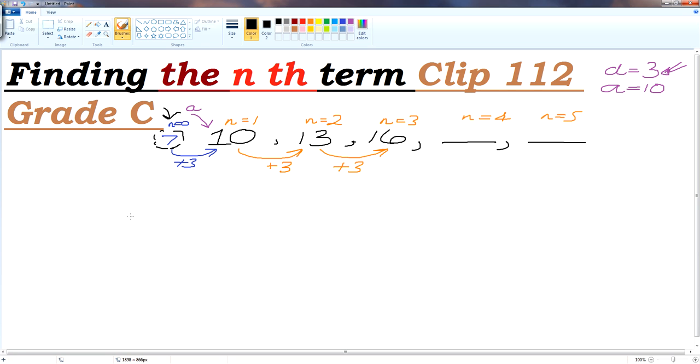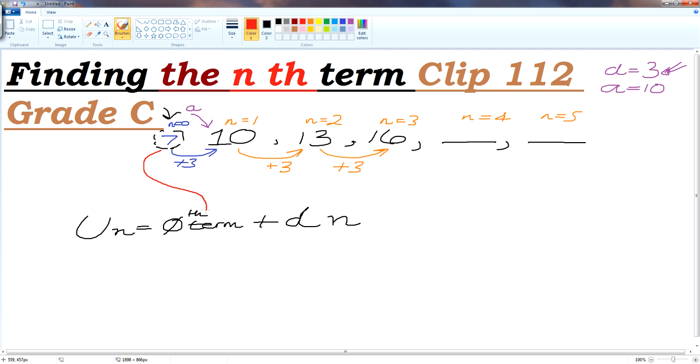So if you want to look at this pattern, we can say the nth term, which we write as u_n, is equal to the 0th term plus the difference times n. So this is like a formula style of looking at this question. So now let's put into here what we've got.